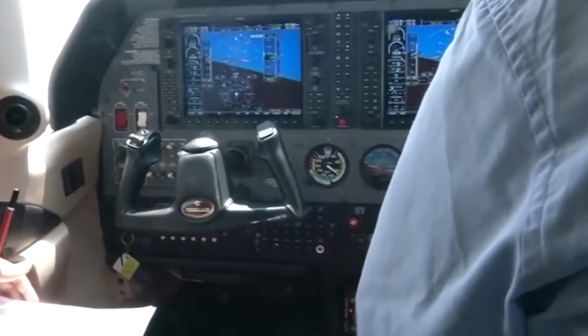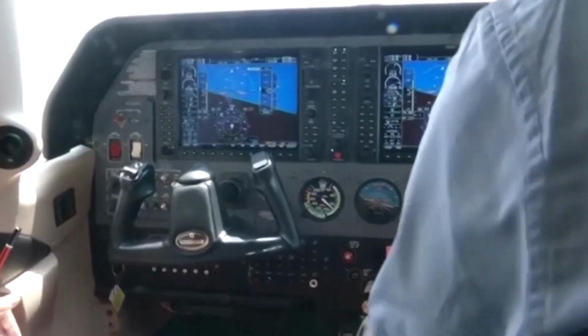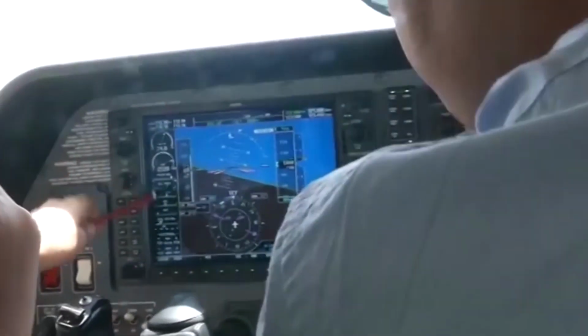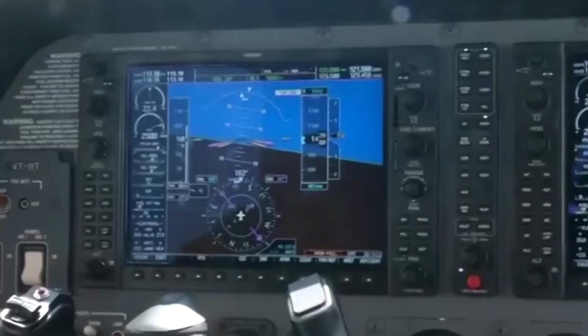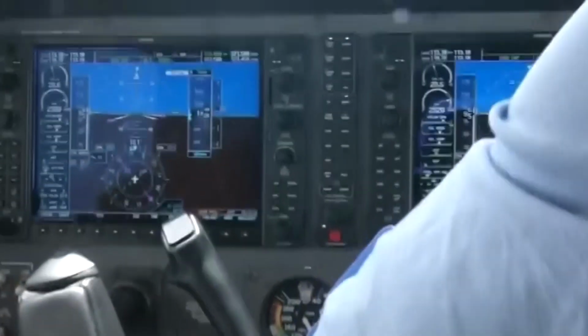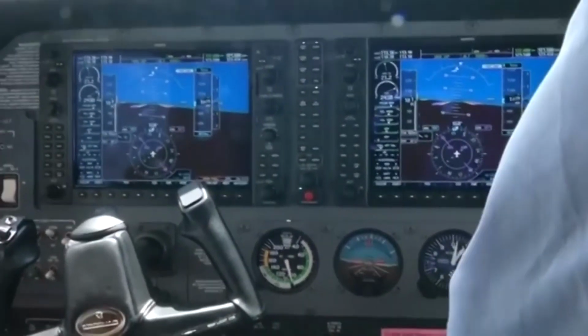The controls can be left free when the aircraft is left on autopilot. This is the airspeed of the aircraft, you can see. That is your airspeed, 125. Aircraft is level. The straight and level flight. The airspeed is given in knots.